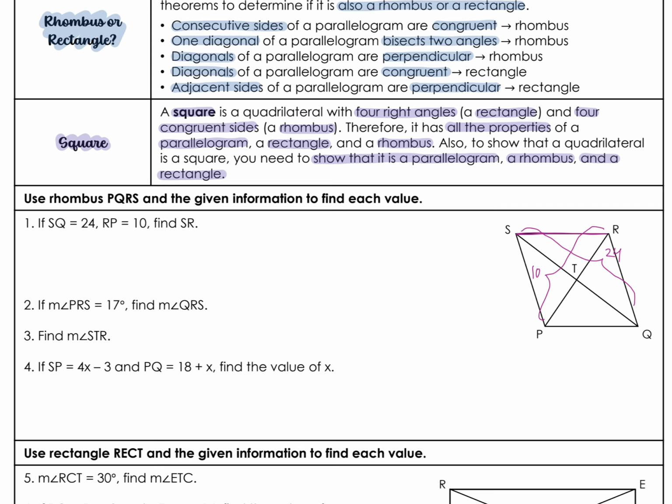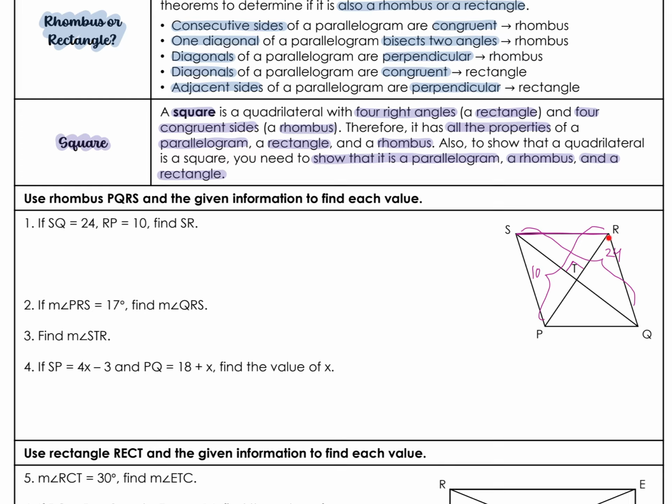If you remember, think back to the properties of our rhombus. We have that our diagonals are perpendicular, so we know this is a right angle. We have a little right triangle being formed right here that we can use to find that length.